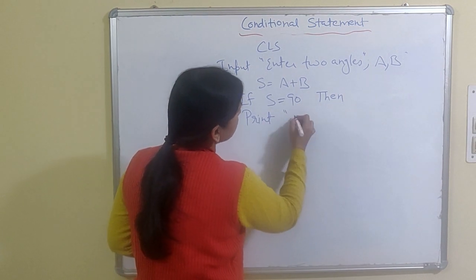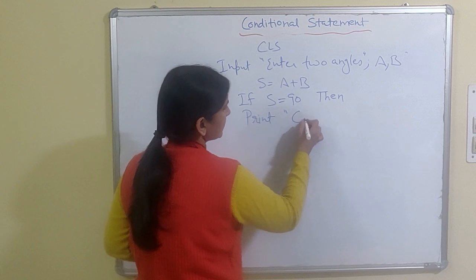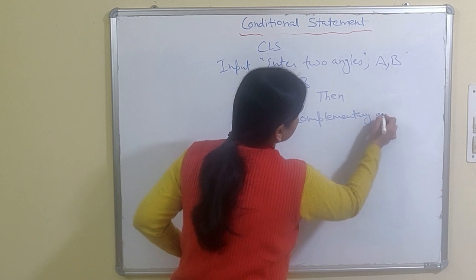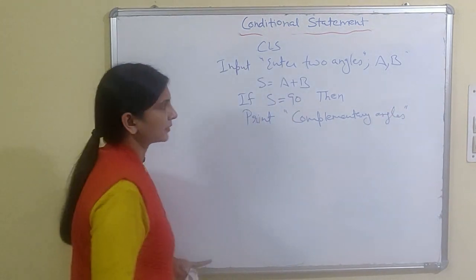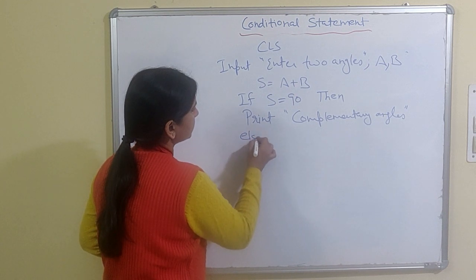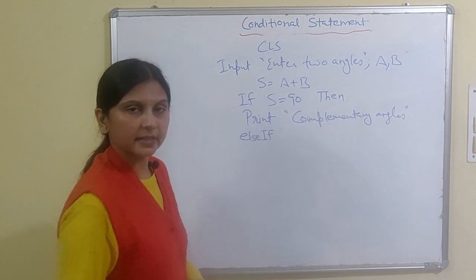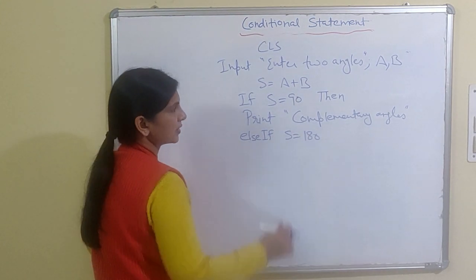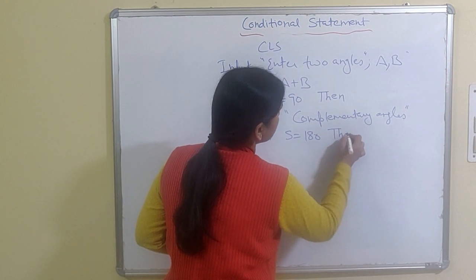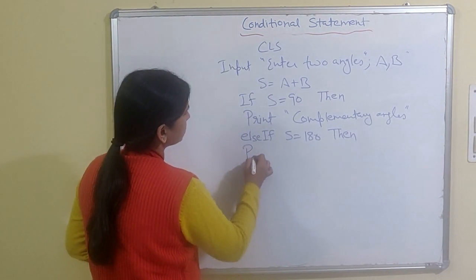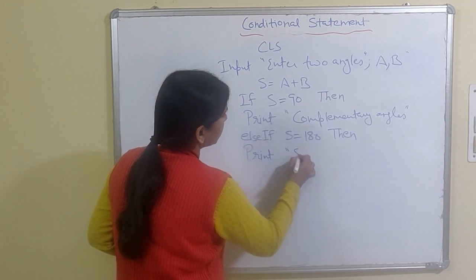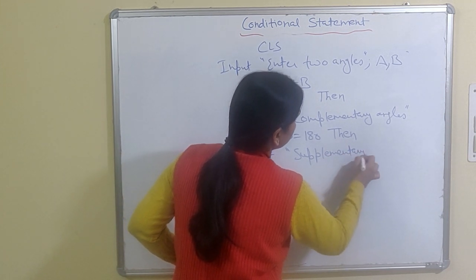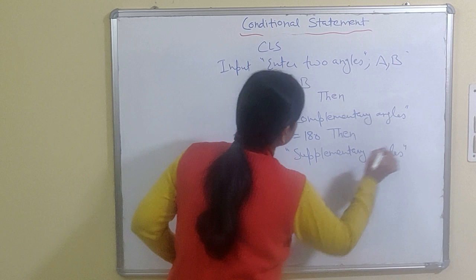Then print complementary angles. Any message you can give, complementary angles. Fine. Else if S equals to 180, ELSEIF without space, S equals to 180, then print supplementary angles. Fine.